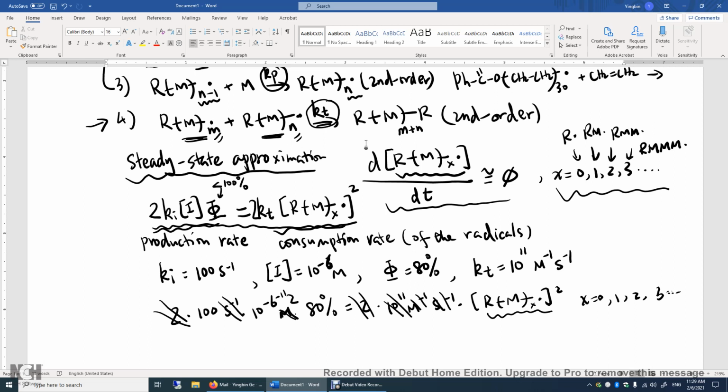And then over here we have this RMX dot to the power of 2 is equal to, let's see, this is 10 to the power of negative 17, 10 to the power of negative 15. Molar squared.